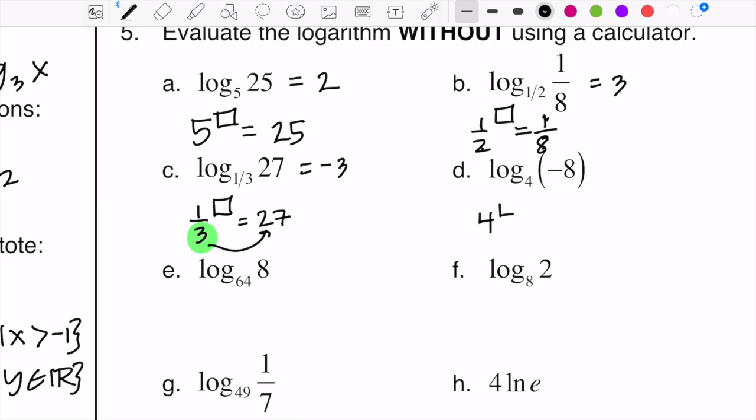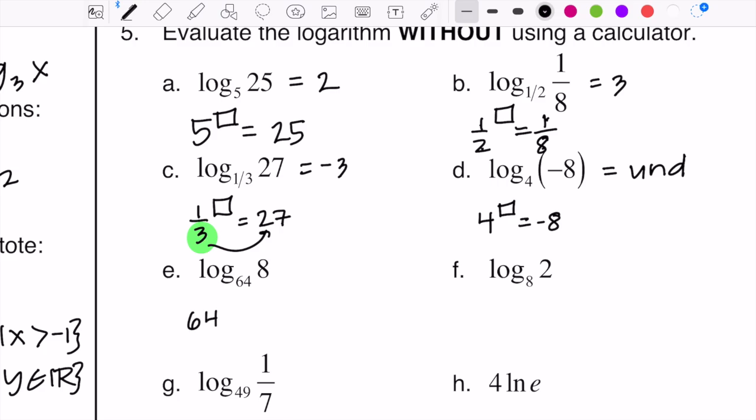This one is saying 4 to what power equals negative 8. Hopefully you didn't even need to convert it to exponential. That's undefined. Think of the graph of the most basic logarithm. The asymptote is at x equals 0, so the argument has to be bigger than 0. It can't be negative and it can't be 0.